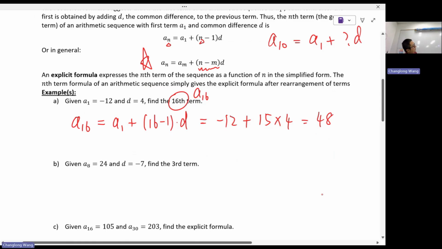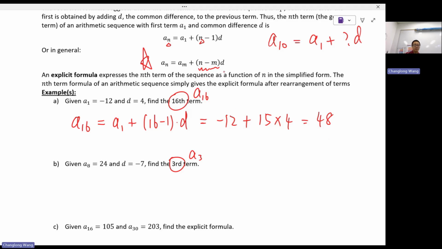All right, so that's pretty straightforward. Now, letter B, you're given a sub 8, the eighth term, and the common difference d is negative. That means it's a decaying sequence. But you want to find the third term, which is a sub 3.